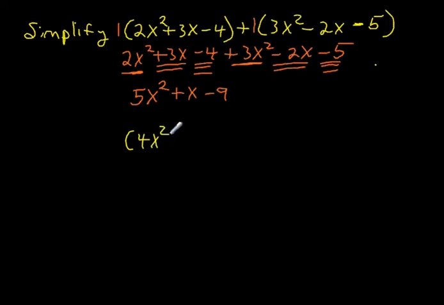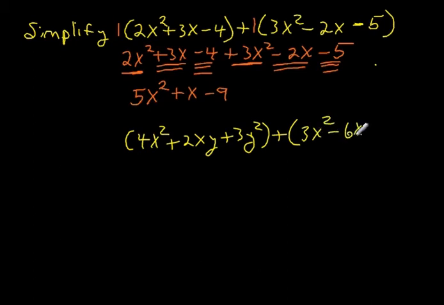We'll take 4x squared plus 2xy plus 3y squared. We'll add that to 3x squared minus 6xy plus 2y squared.